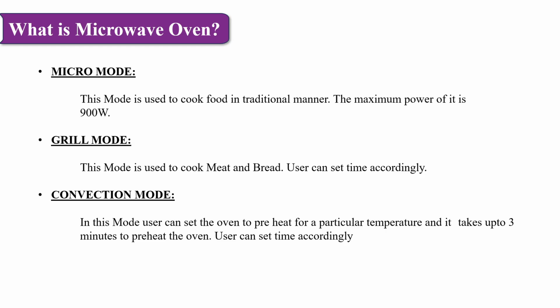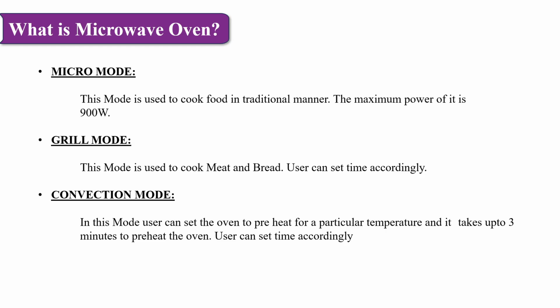In that manner too, this micro mode works. Next is grill mode. This mode is used to cook meat and bread. The user can set the time according to his convenience. Meat and bread need more energy, more power, more heat to cook faster.